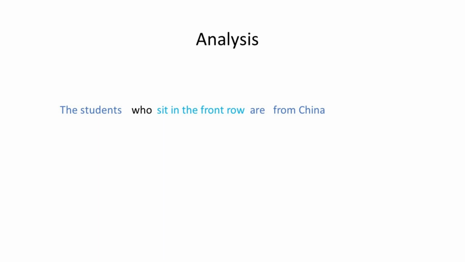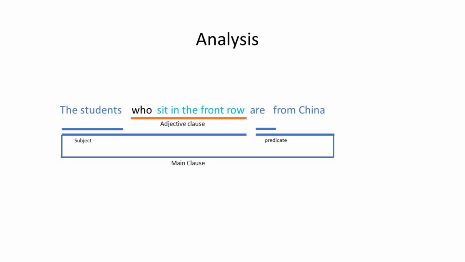Who sit in the front row is the dependent clause, or adjective clause. So the students is the main subject of the sentence, and are is the main verb of the sentence. Meanwhile, who is the subject and relative pronoun of the clause. Sit is the verb of the clause.